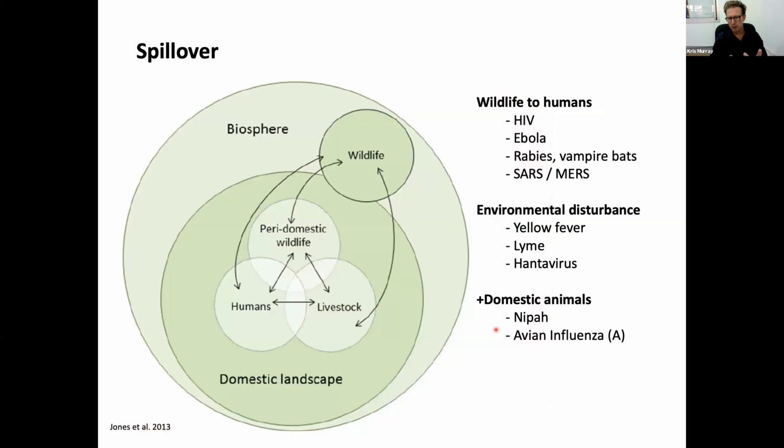So let's get a really basic conceptual model here of a landscape. The landscape here is comprised of, broadly speaking, the biosphere, which is everything that's living around us. And within that, we have these other circulating spheres. One of them is the domestic landscape, where we live, where we have our livestock, where we farm. And then we have this other component of the biosphere, which is where wild animals are living.